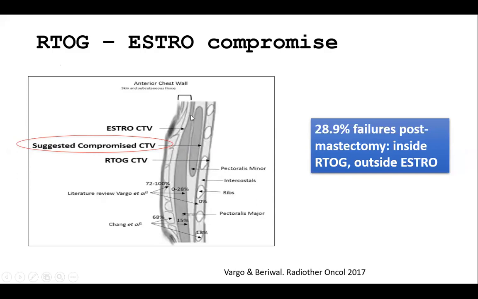Most of the recurrences are happening in between these two CTVs. So they suggested a compromise CTV between these two, so that they can prevent these recurrences and also reduce the cardiac mean dose and the LAD mean dose. Most institutes follow this RTOG and ESTRO compromise CTV.